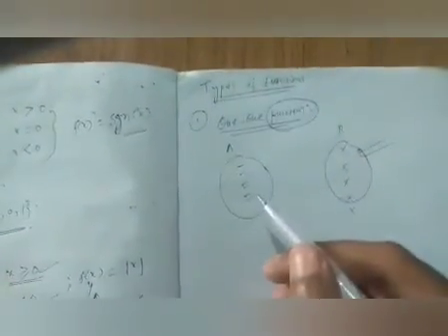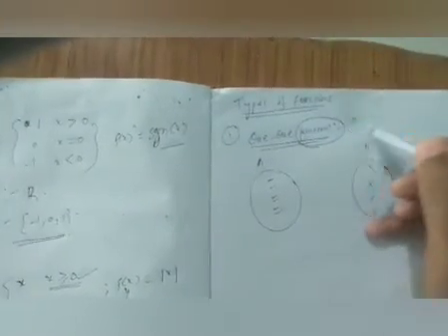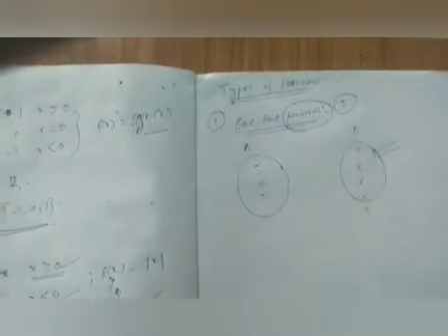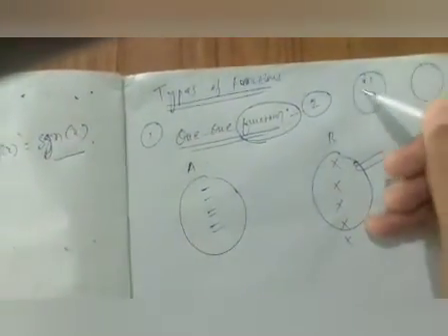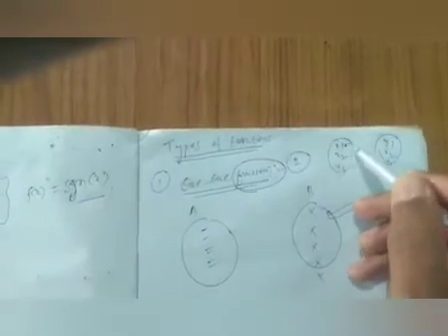If it is a one-one function, then definitely it should be a function. So the two conditions of a function should be satisfied. Additionally, every element in set B should have a unique pre-image in A. In functions, there is a restriction that if it is x1, x2, x3, and y1, y2, y3, then each element should be uniquely mapped, right?